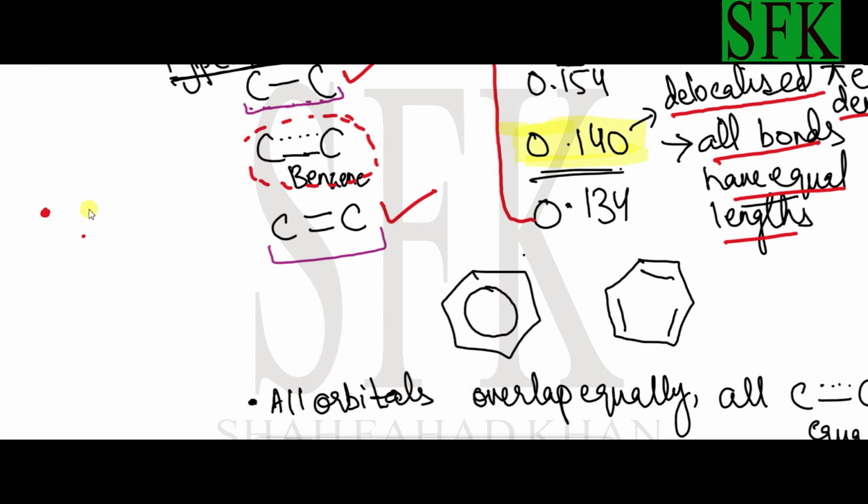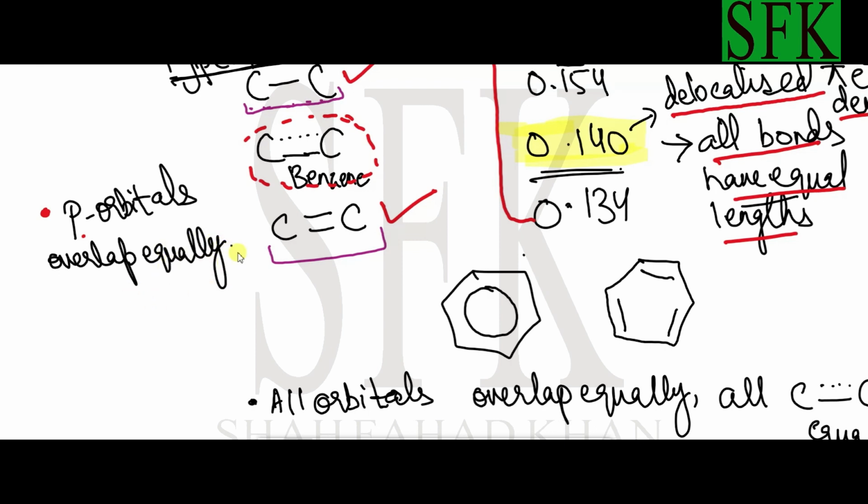The first point is that all the p orbitals of benzene overlap equally with each other, or with each of their neighbors.